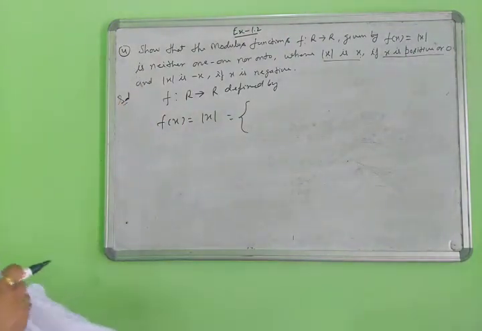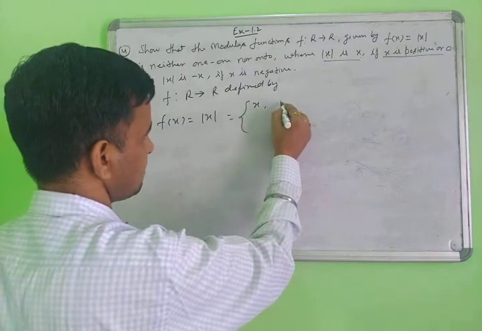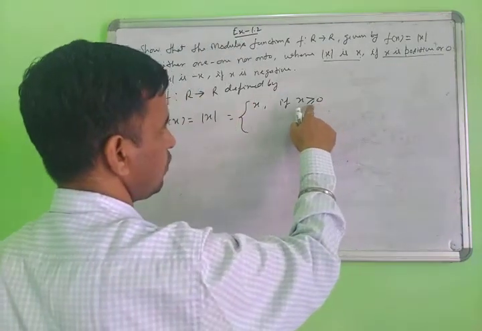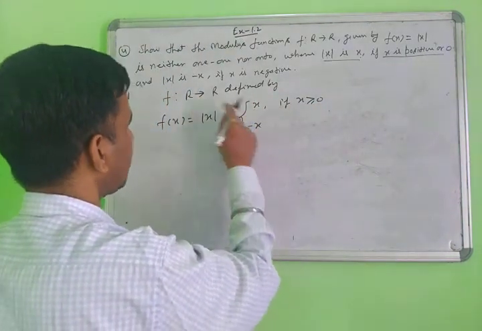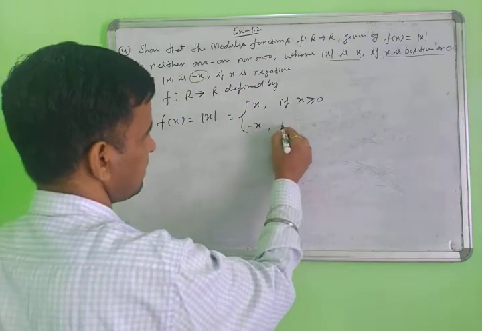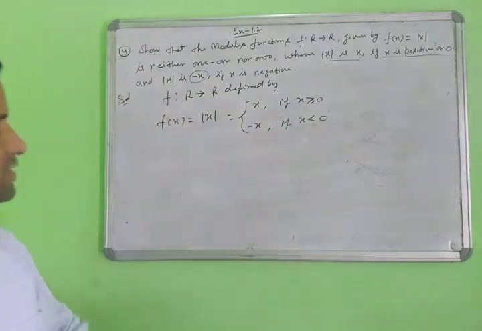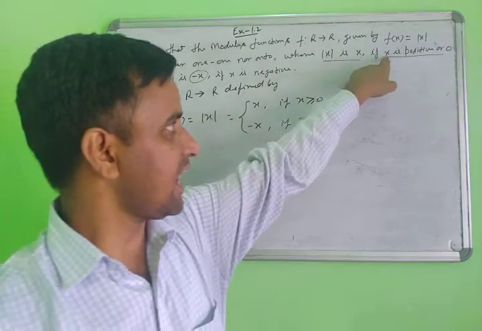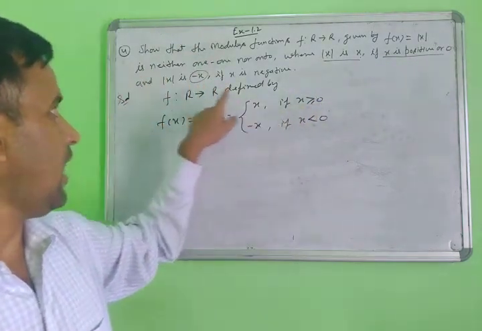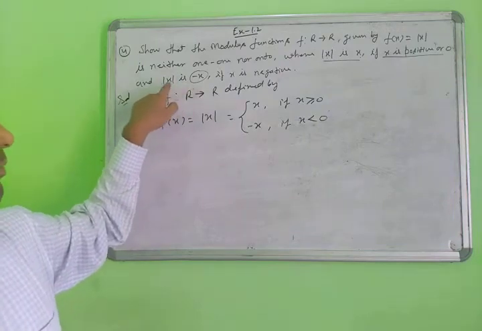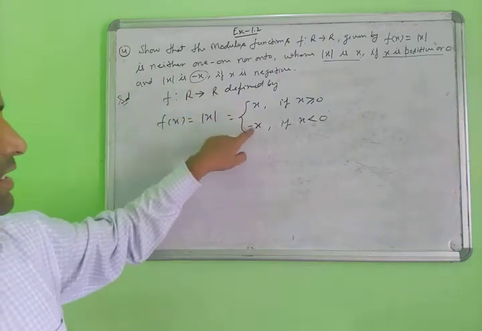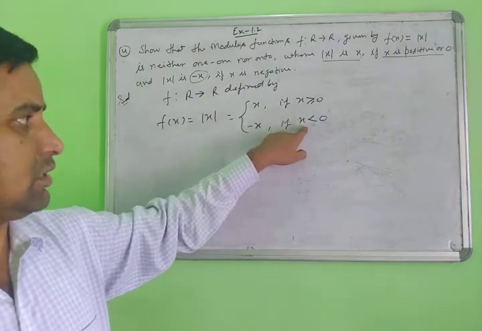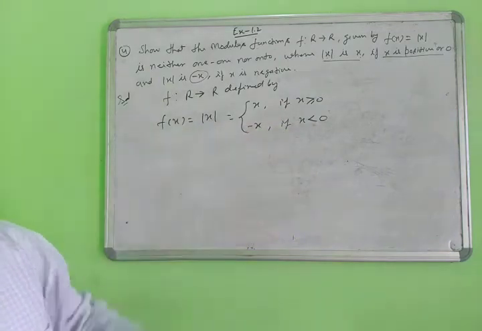You convert this into a piecewise function: it is x if x is greater than or equal to 0, positive or 0, and it is minus x if x is less than 0. The value of the modulus is x when x is positive or 0, and minus x when x is negative, less than 0. So this is the complete question.